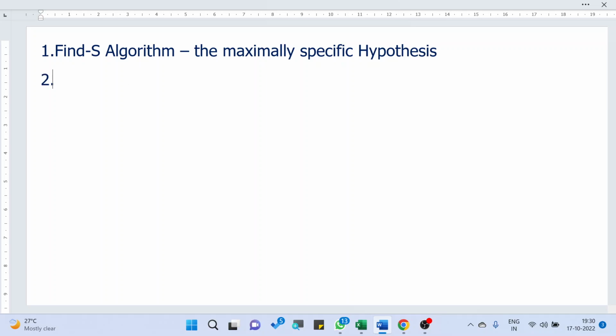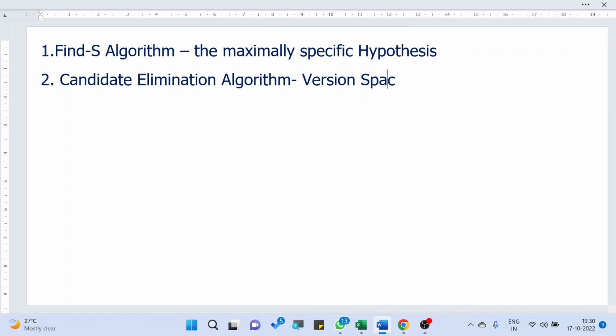Then we have seen the candidate elimination algorithm, which proposes a set of consistent hypotheses which we called the version space. And in the candidate elimination algorithm we have seen the inductive bias, in which we assumed that our potential hypothesis consists in the set of our search space.